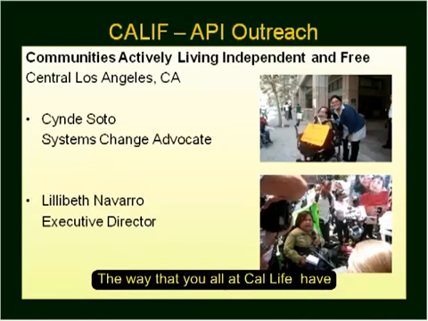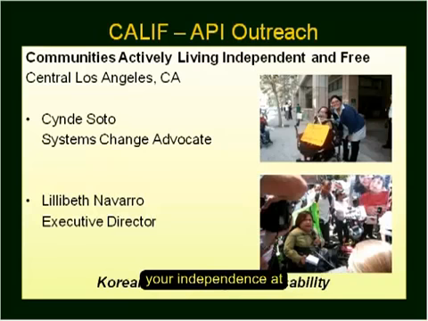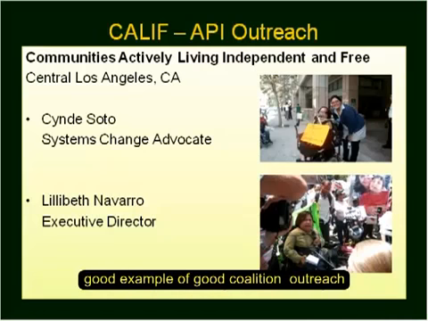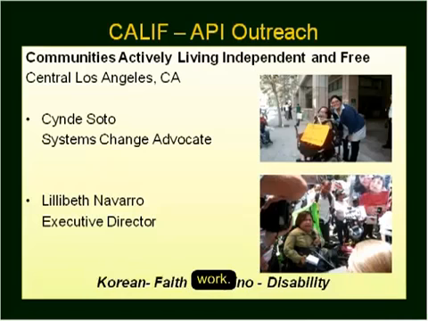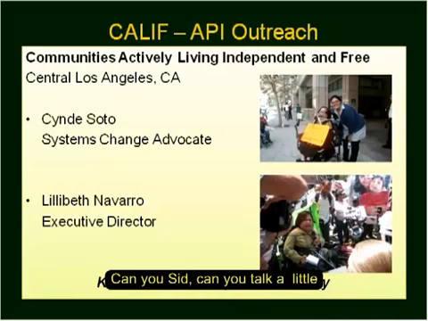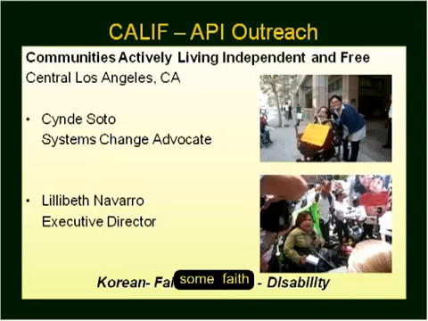And the way that you all at Cal Life have connected the two while maintaining your independence is, I think, a good example of good coalition outreach work. Sid, can you talk a little bit about how you maintain that separation of church and state, but also work in coalition with some faith organizations?